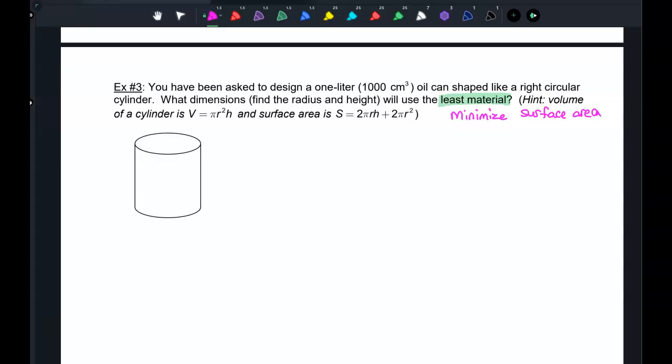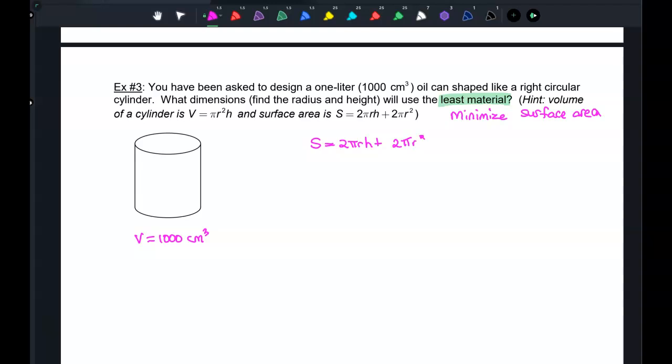Okay, I gave you volume and I gave you surface area. All we know here is what? Volume is 1,000 cubic centimeters. And I know my surface area is the one I want to minimize. Okay.